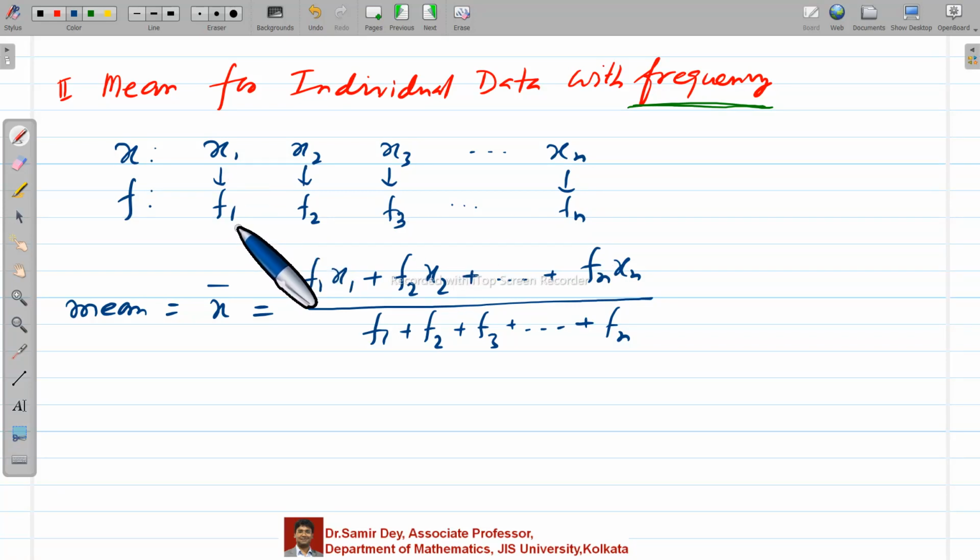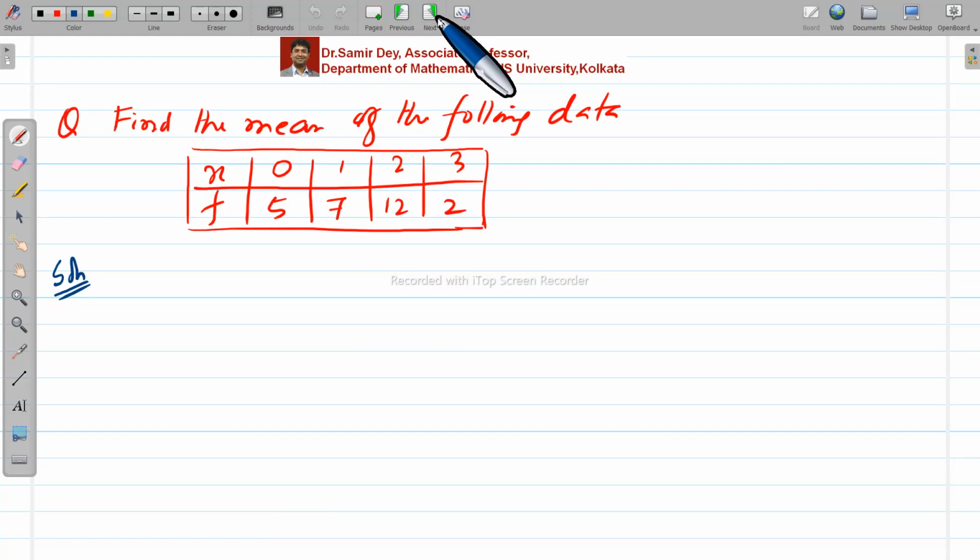You multiply each frequency by its corresponding number, f1 x1, f2 x2, f3 x3 and so on, up to fn xn, and you divide by the total frequency. Clear? So this is the formula for mean under individual data with frequency. Now I am going to discuss some numerical examples. Okay, now we can move to the next.